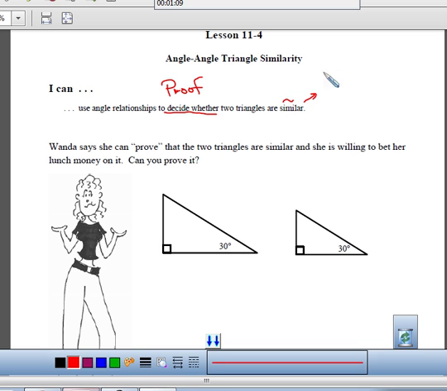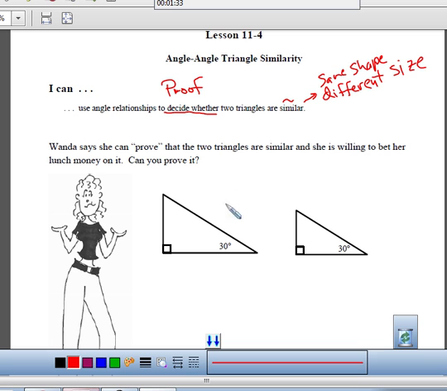It's kind of like a half mustache. Same shape, different size. Now you are not allowed to use this statement for your proof. This is just so you understand what we're dealing with.